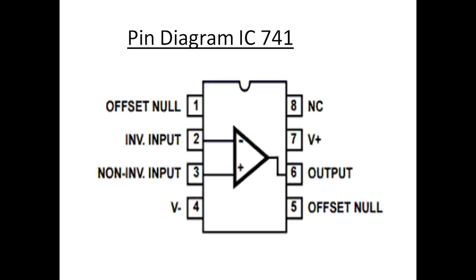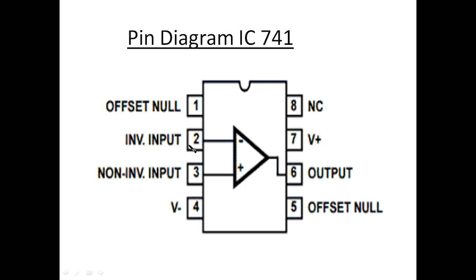Going to the next, the pin diagram of IC741. This is the pin diagram of IC741. It's an 8-pin IC. In that, pin number 1 and pin number 5 are the offset null.